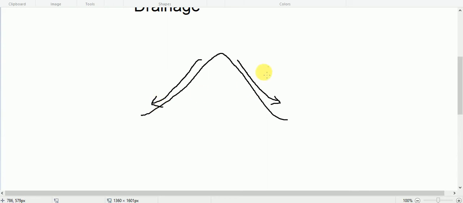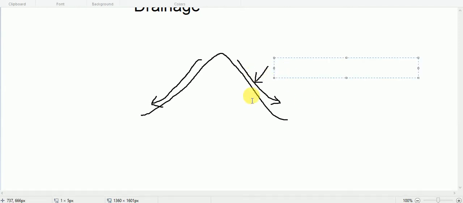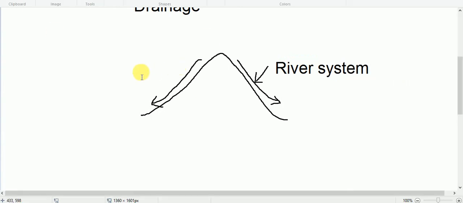So this is one river system, and here we have another river system.